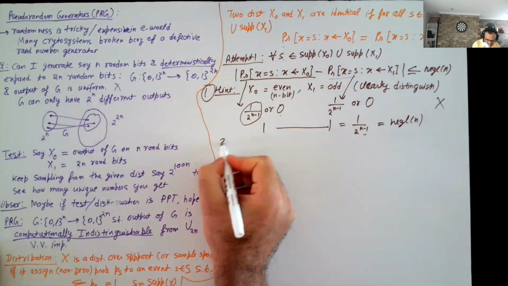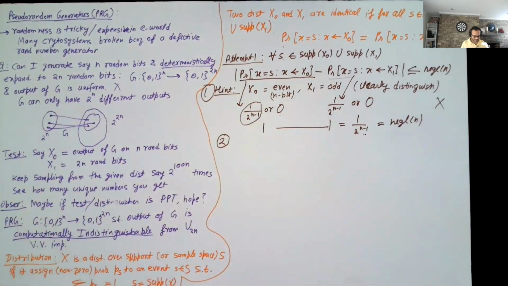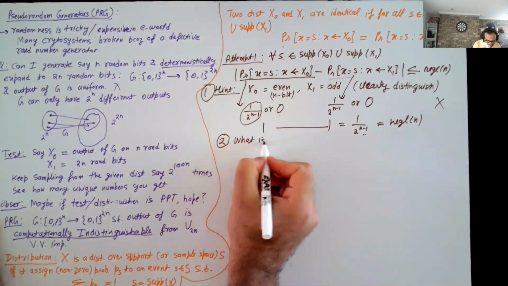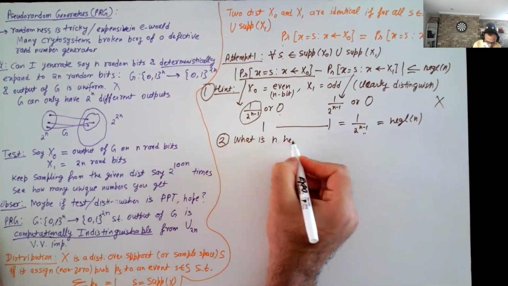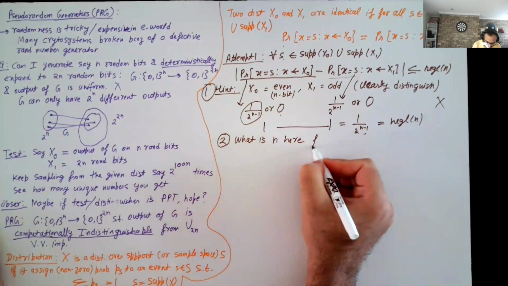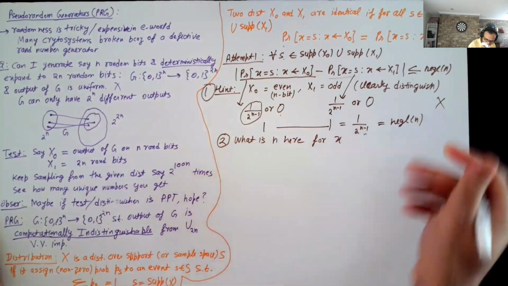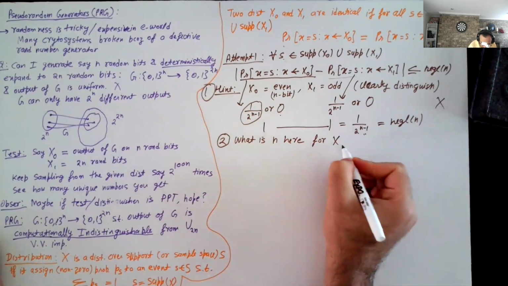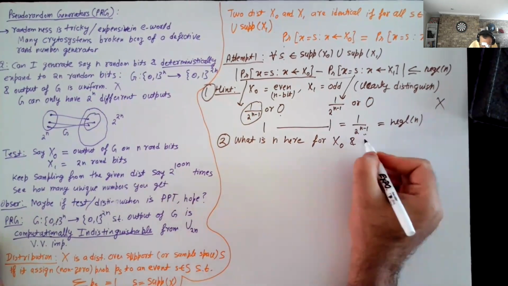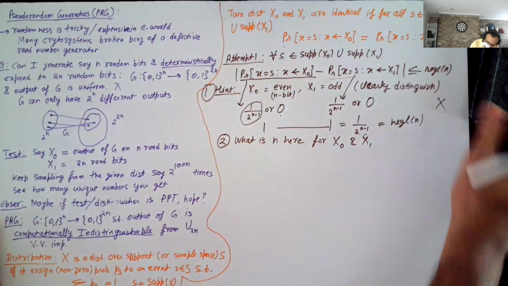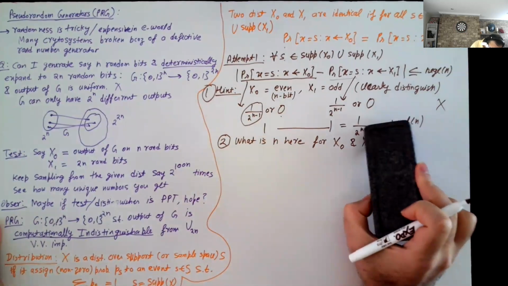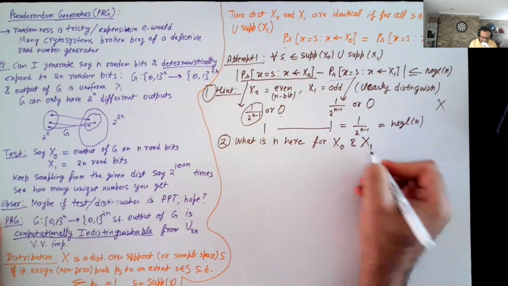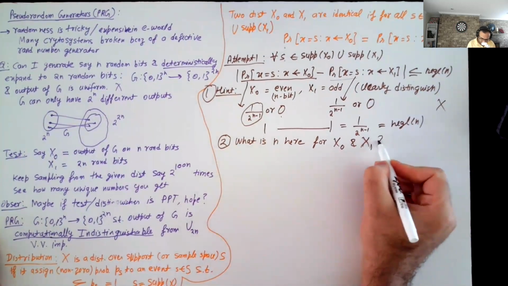There's another problem which is more of a syntactic problem, which is what is n here? If I start with two distributions, x0 and x1, there's nothing which is changing, no size of the input which is increasing or reducing, and so on.